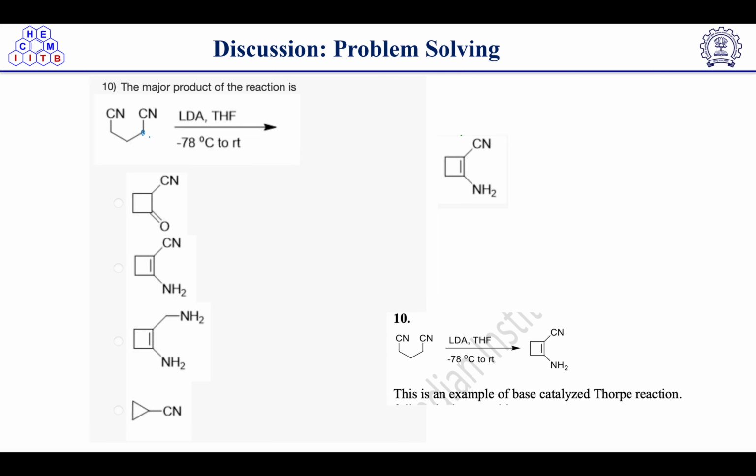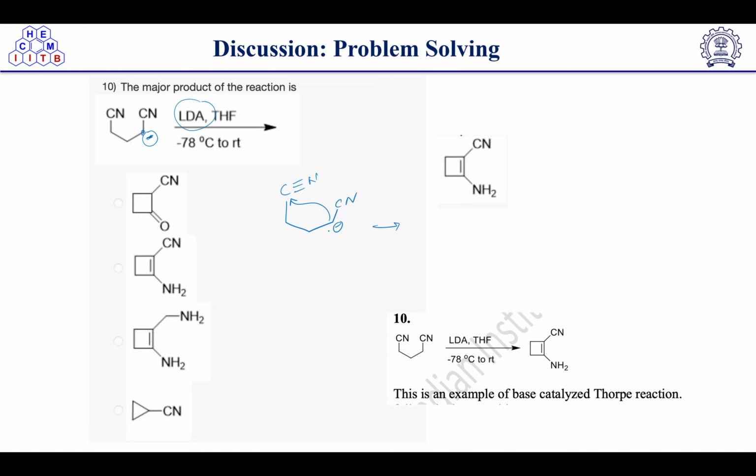Okay. So here we have 2 acidic protons. So proton abstraction will take place from here because LDA is added. It's a strong base, so the proton will get abstracted. Now it will attack on the carbonyl center. I will write here by opening the reaction, this way.